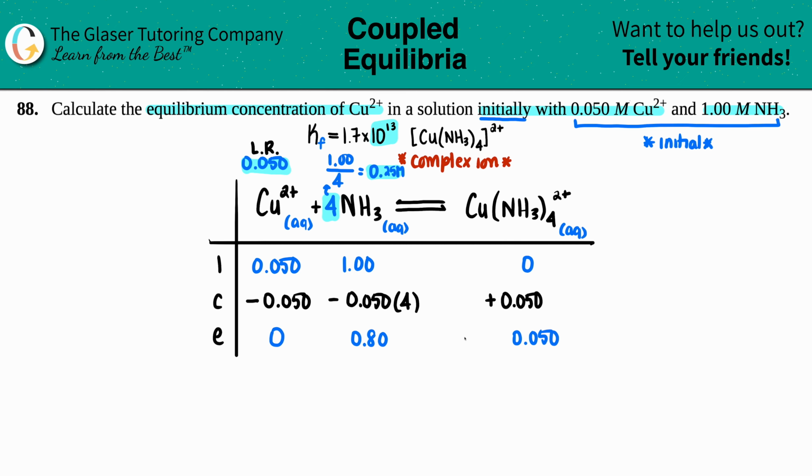Now, before we go into our Kf equation, where's my variable? If I have all numbers and I have a Kf that's a number, what am I solving for? Well, that's the assumption. We don't really have nothing left, but we have basically a number that is very, very, very, very close to 0 that we're basically going to say that this is x, right?